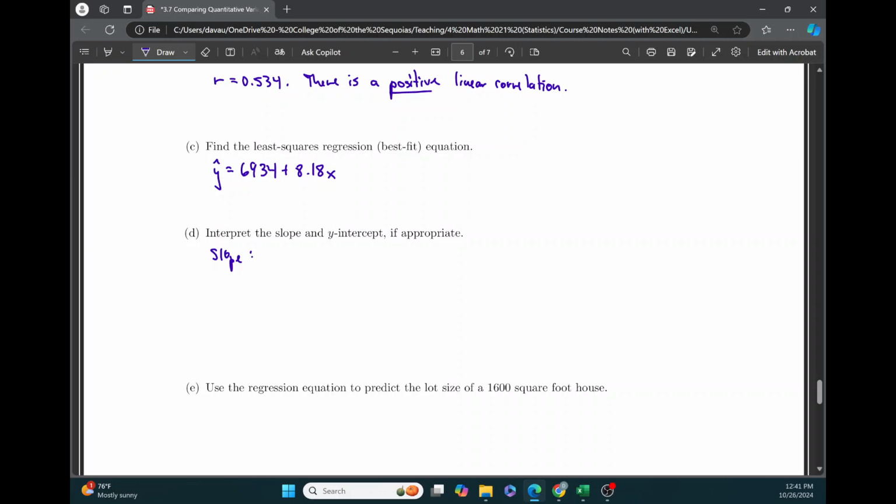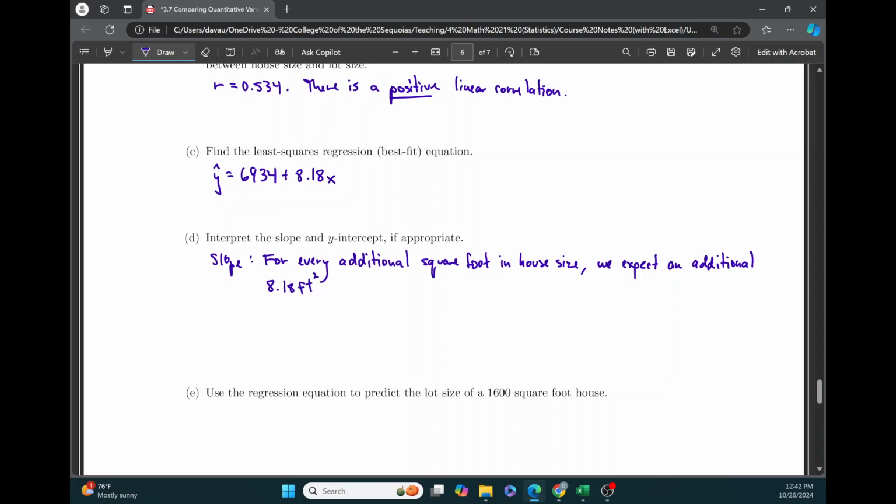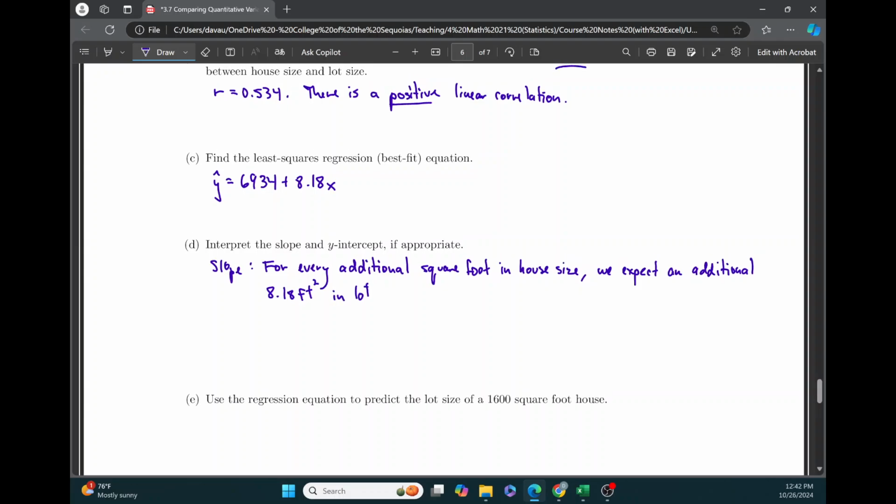So if X represents the house size, we would say for every additional square foot in house size, we expect the lot size to go up by 8.18 square feet. Okay, that's the slope.